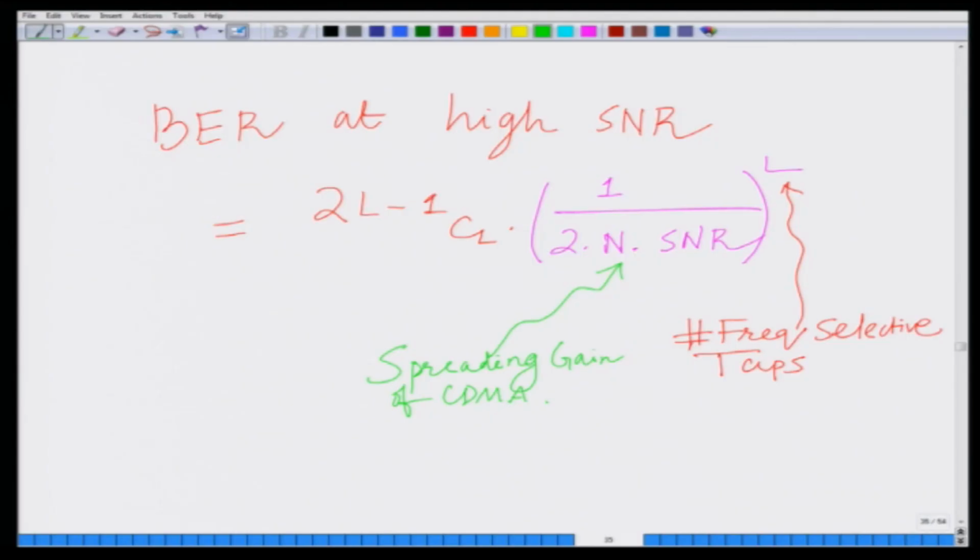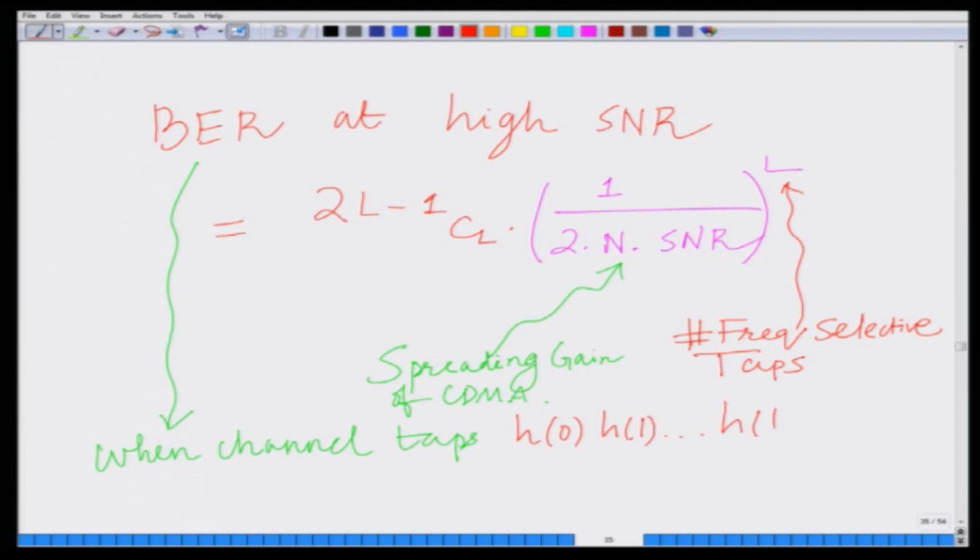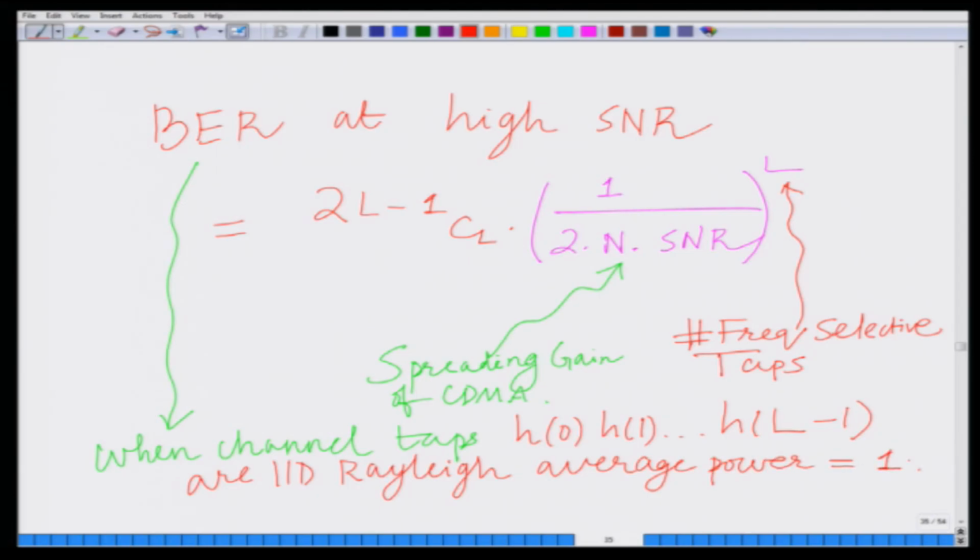This is the expression for the bit error rate, and of course, for this expression to hold, we need the channel taps H0, H1 up to HL minus 1 to be IID, that is independent, identically distributed Rayleigh with average power 1. So, this is the bit error rate at high SNR when the channel taps H0, H1 up to HL minus 1 are IID Rayleigh with average power equal to 1.